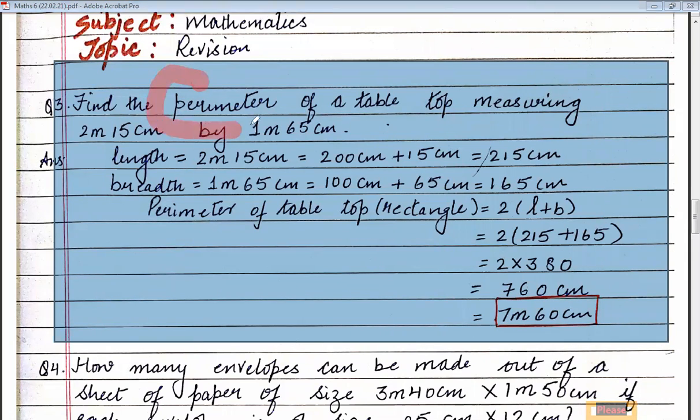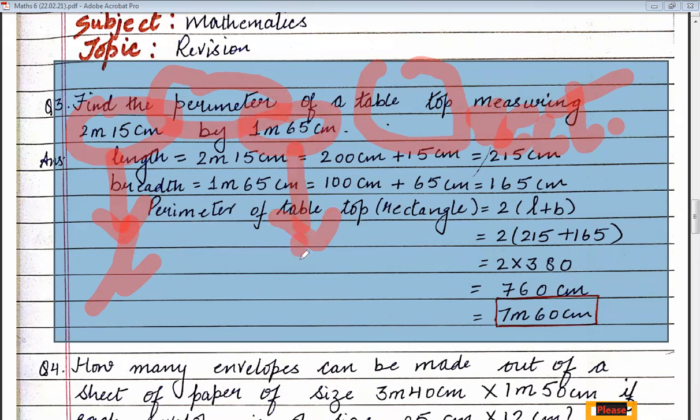Now children, here we are calculating the perimeter of a tabletop, and you know that the tabletop will be of rectangle shape. So this is your length. 2 meter 15 centimeter is your length, and 1 meter 65 centimeter is your breadth.